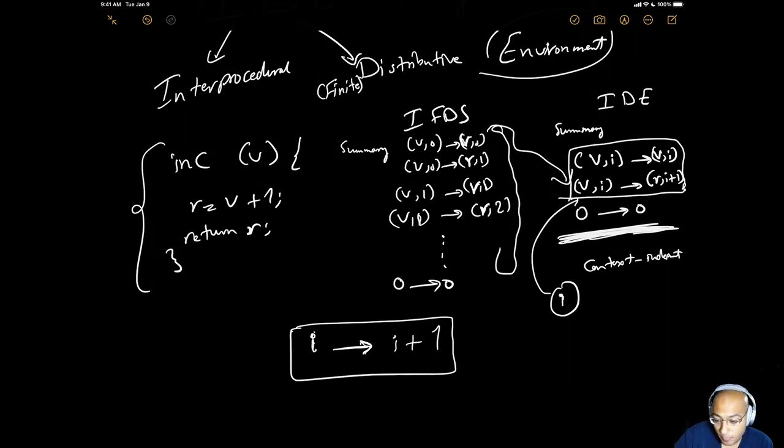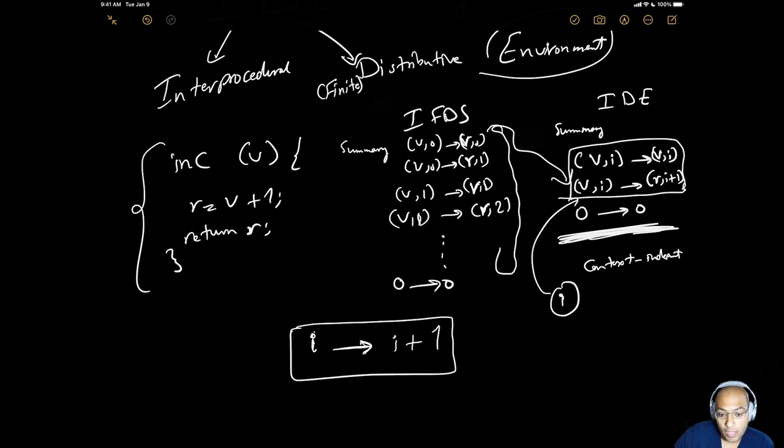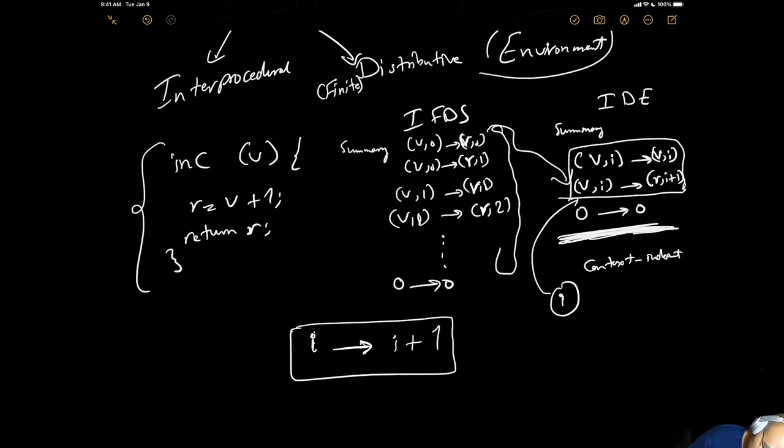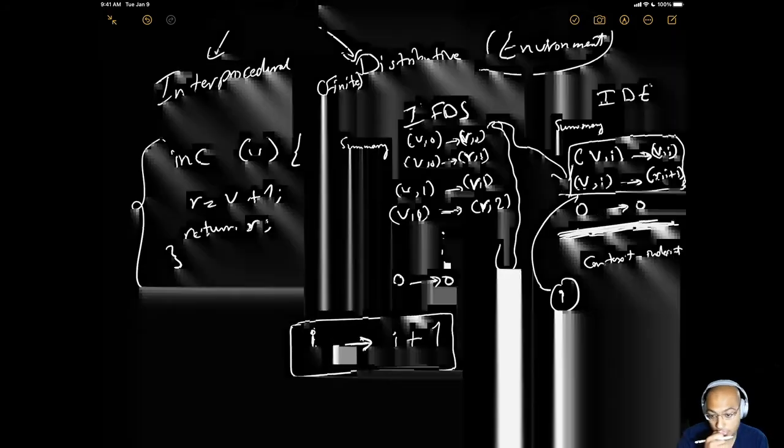If I'm able to do that, that would allow me to represent an environment of all the values that I would have represented in IFDS, but represent them in their abstract sense.